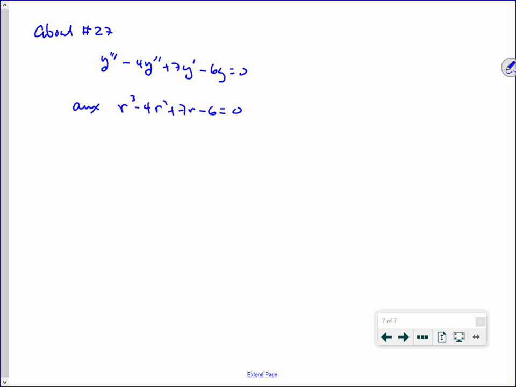One of the solutions is really nice. I was thinking about this when I was working, and I said, does this thing factor? Well, it does, but I don't know that you're going to just come up with it. So let's just make a little note here.